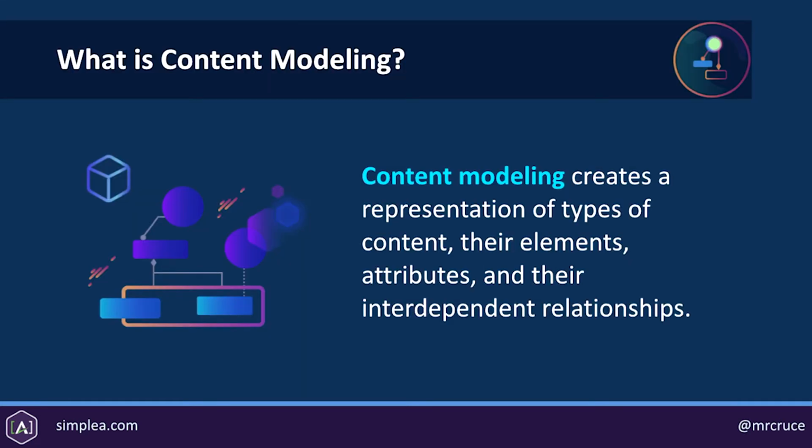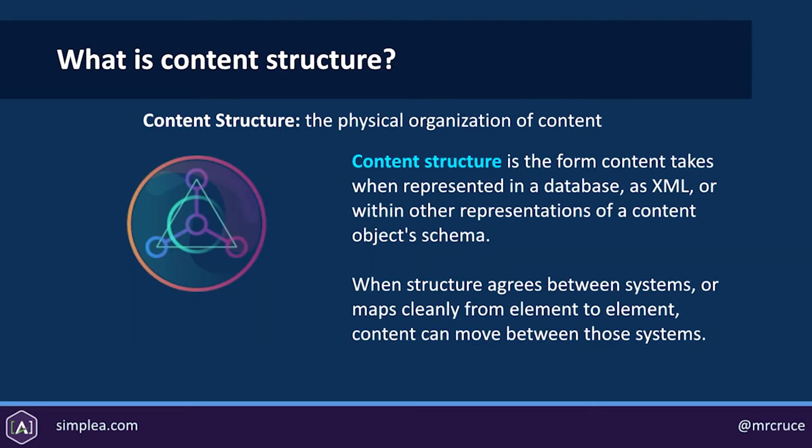So what is content modeling? Content modeling creates a representation of types of content, their elements, attributes, and their interdependent relationships. What is content structure? Content structure is, in fact, the physical organization of content. It's the form that content takes when it's represented in a database, as XML, or within other representations of a content object's schema.